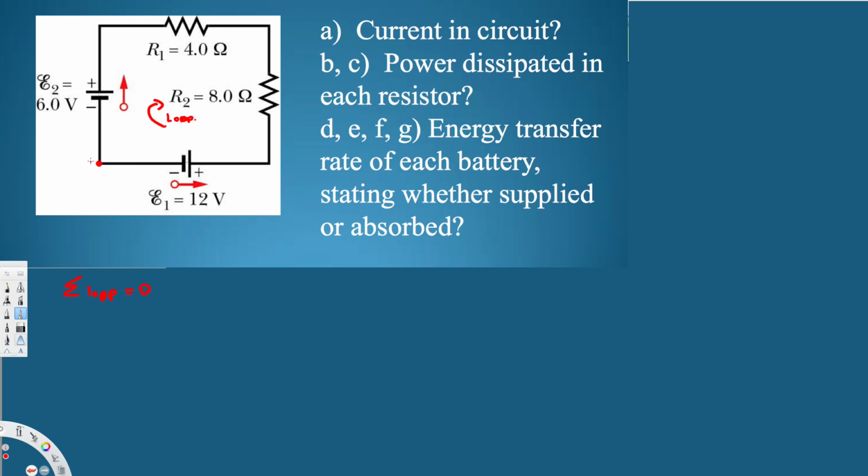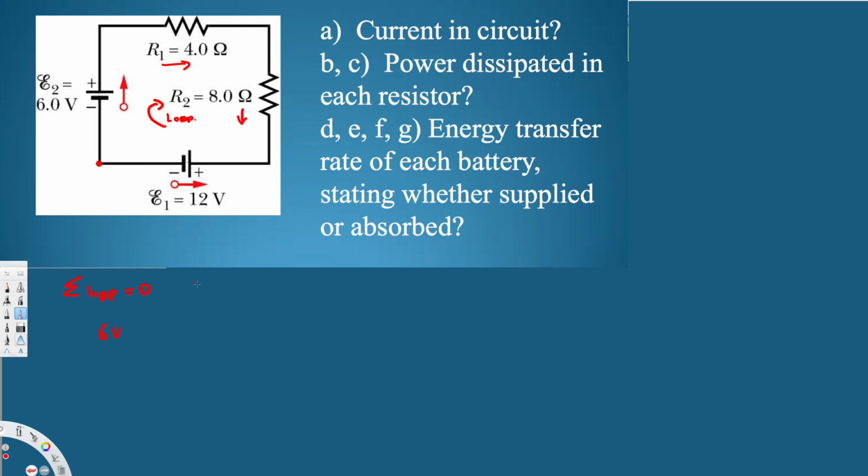First, if we go through this one, we have 6 volts going from negative to positive, so we are going to have a positive 6 volts. If I take the current in this direction, we can assume any direction, and if the answer is negative, it means our assumption is wrong and it's going in the opposite direction. So let's assume both are going in this direction.